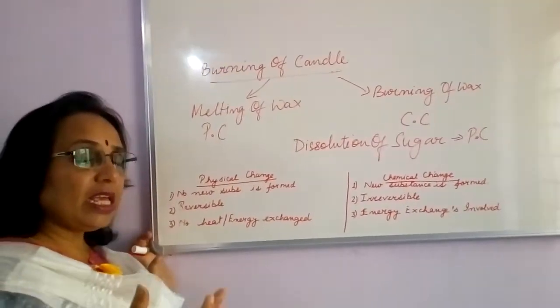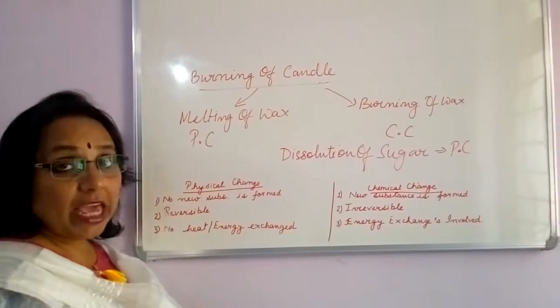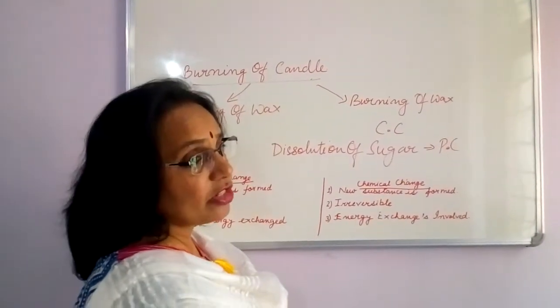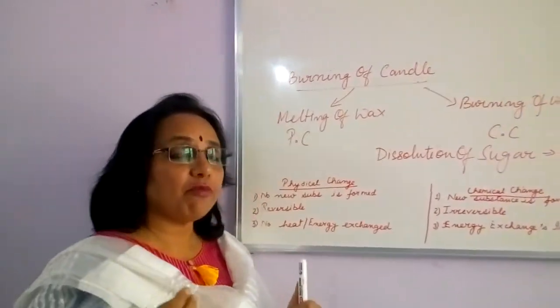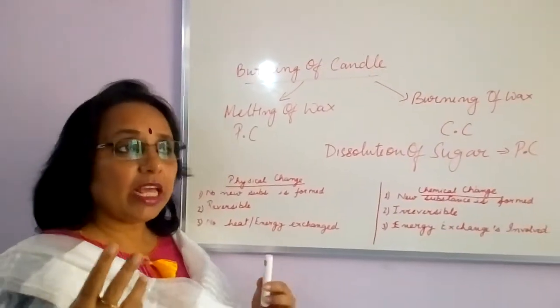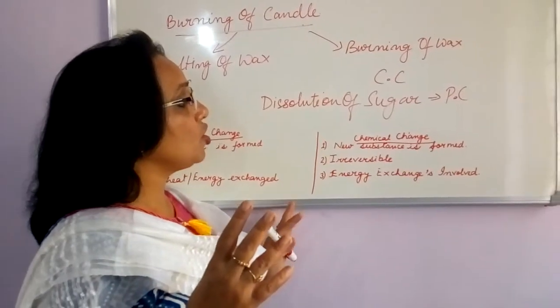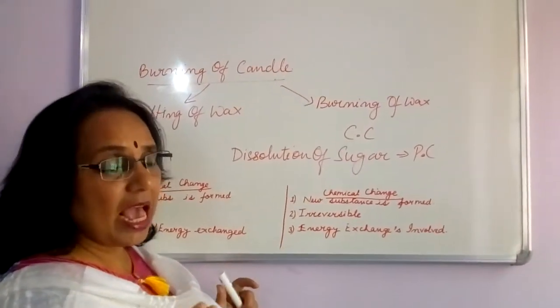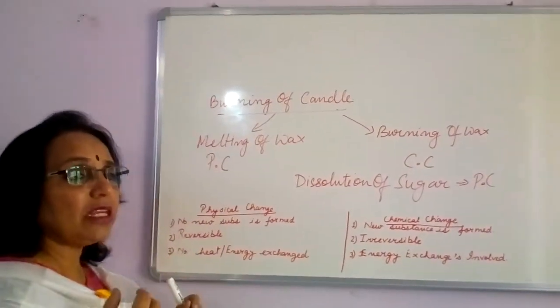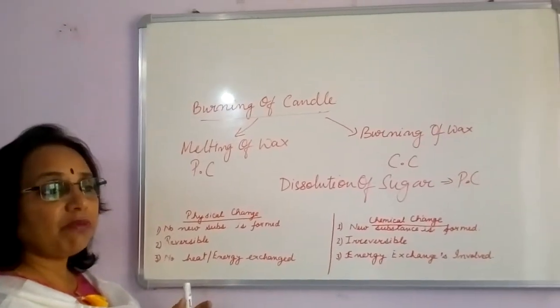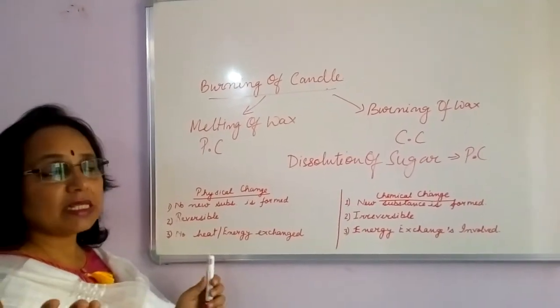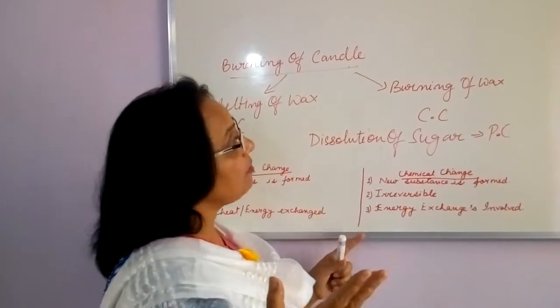Boiling of egg is a chemical change. Why? Because once you have boiled the egg, the liquid egg forms a hard boiled egg, and the chemical composition of the egg has changed completely. Can we get back the liquid form? No, we cannot get back the liquid form. So it's an example of chemical change. There are many examples.